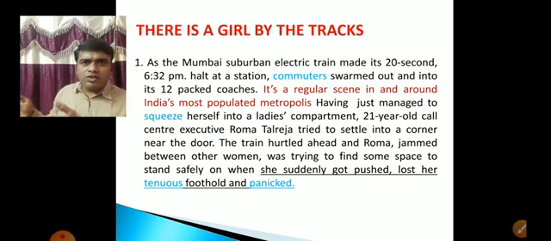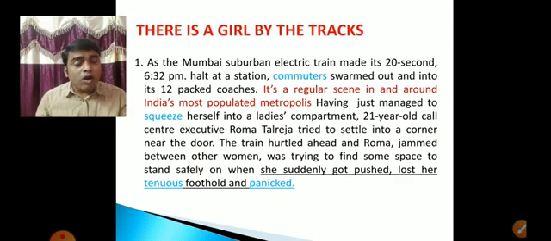You might have experienced this type of situation, children. In Bangalore and all, when the train comes to the platform, the people are very eager to get into the compartment, and the people who are inside the train are struggling to get down. Why does it happen? We don't know why it happens.